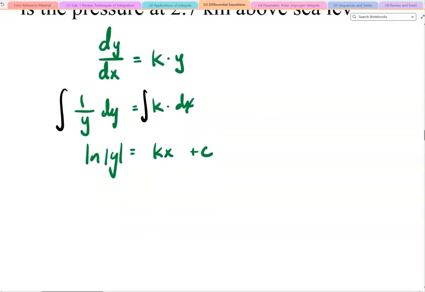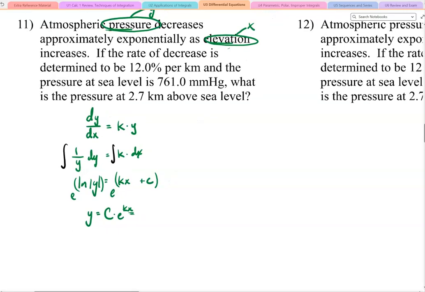And just like we saw in an example before, we can use a base of e on both sides of the equation. This is going to turn into y equals c times e to the kx power. And here's our exponential growth, where x is going to be acting as our elevation, and k is the rate of change, and c is our initial quantity, or our initial pressure.